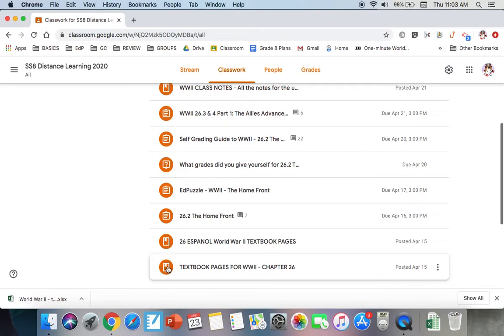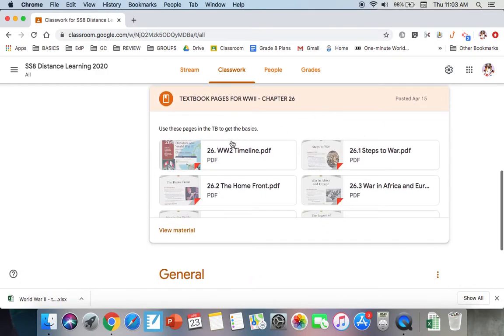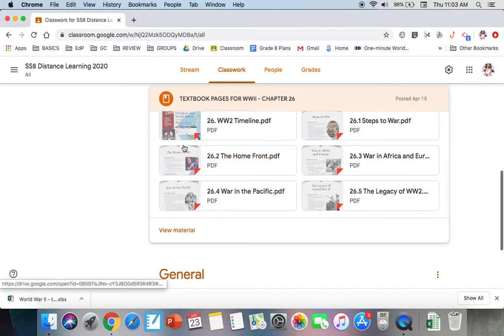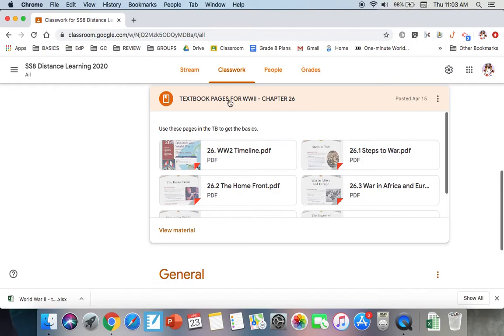Now this thing with the bookmark, that's material. You don't have to do anything with that to get a grade. This is just stuff that's usually informational that you will use to get to know a topic. For example, this one has all of the chapters of the textbook that have to do with World War Two. I thought it would be good for you guys to have that.